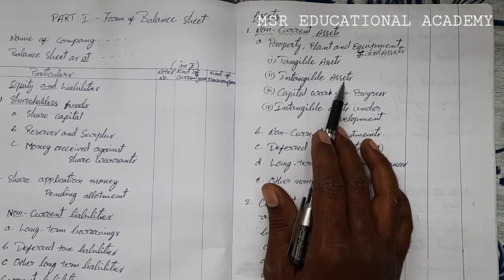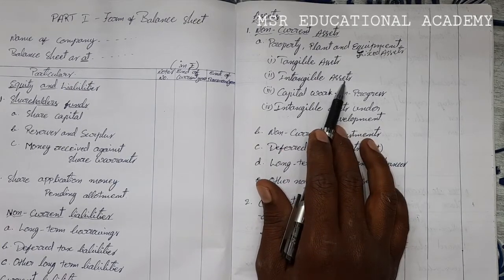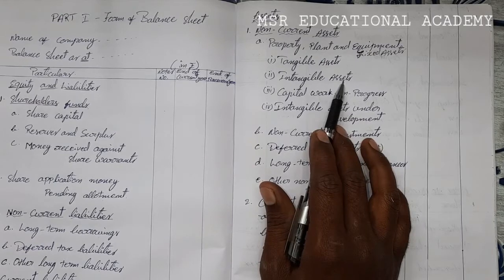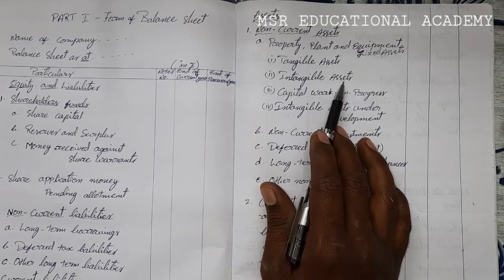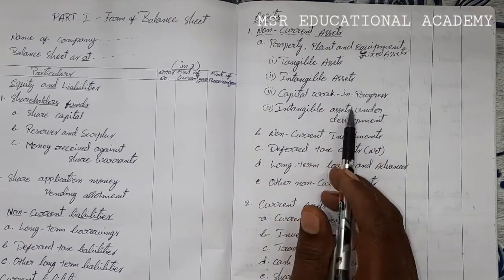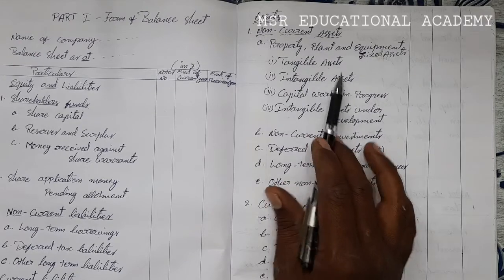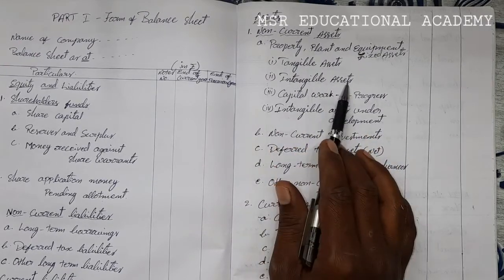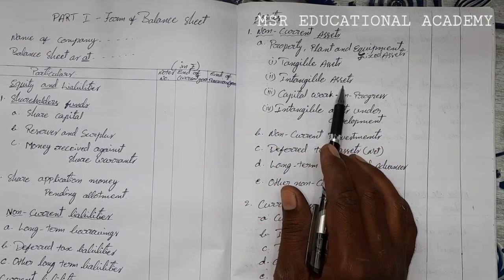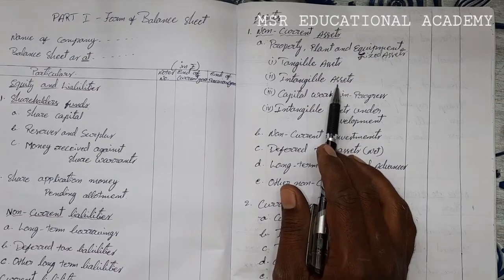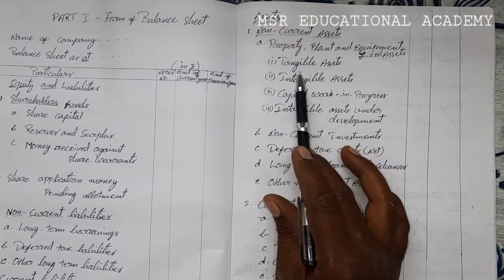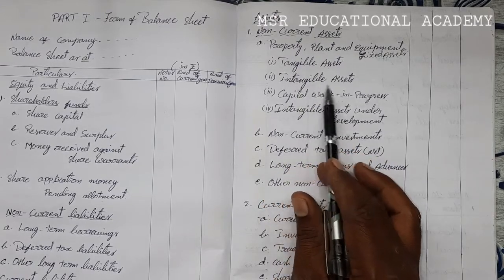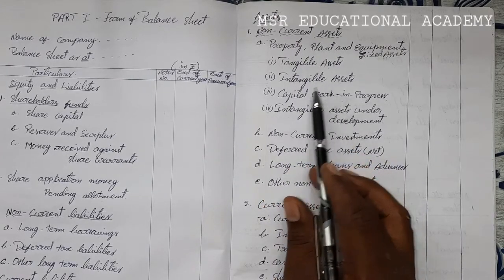Depreciation on intangible assets is called amortization. After deducting amortization, the remaining amount we should write under intangible assets. For tangible assets and intangible assets we should prepare notes to accounts, the working notes, and clearly mention them in the notes to accounts.